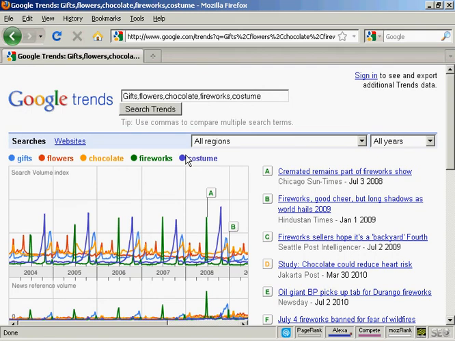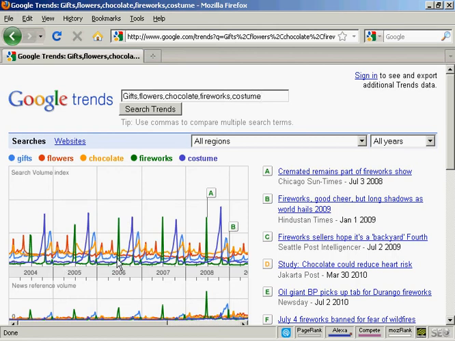Now, finding cyclical patterns in search volume data is very interesting, because it can tell you when you want to start marketing your product or service, when there's going to be a lot of demand. And you can also use Google Trends to search for more than one item at a time, and I'm sort of demonstrating both here. We've got 5 search terms: gifts, flowers, chocolate, fireworks, and costume. And you can find that flowers sort of peaks around Valentine's Day.